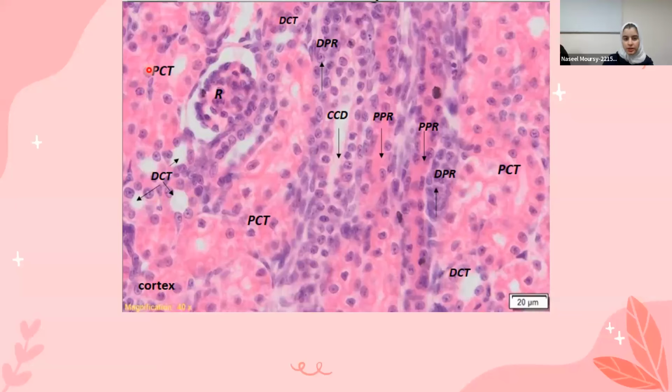What is the major difference that you see between the proximal convoluted tubule and distal convoluted tubule? Let's start off with the colors. More pink, less pink. Good. So proximal convoluted tubules are what we call fuzzy pink. Why do we say fuzzy? Because they have a lot of microvilli, because this part is responsible for reabsorption.